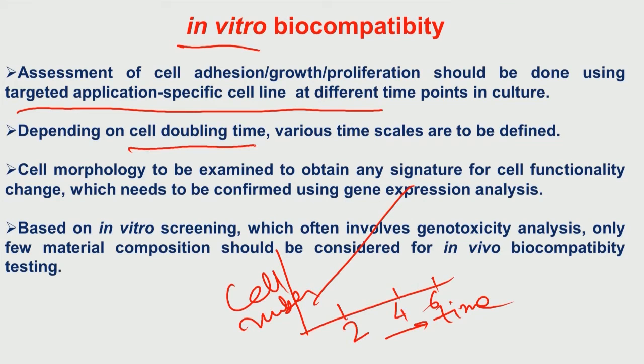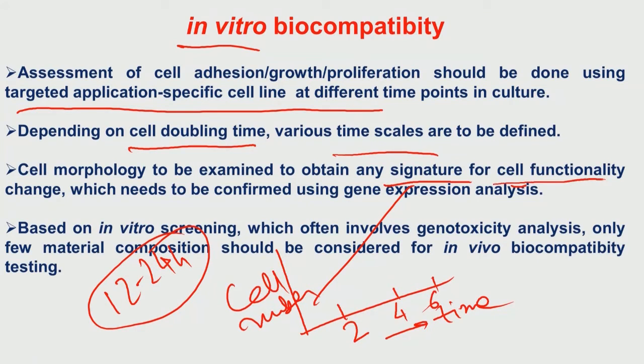How to select the different timelines that you need to use depends on the cell doubling time. Typical human cell lines have a doubling time of 12 to 24 hours, or a little longer. Depending on the cell doubling time, the different time points in culture need to be defined. Cell morphology is to be examined using different microscopy techniques like fluorescence microscopy and confocal microscopy.